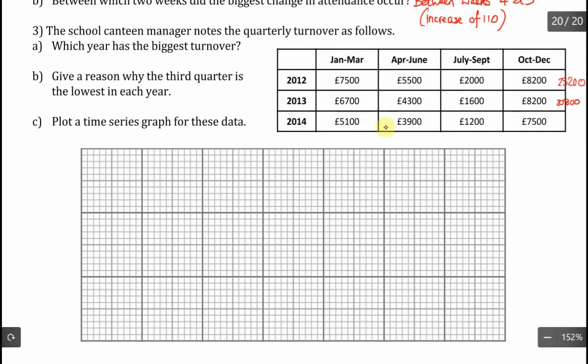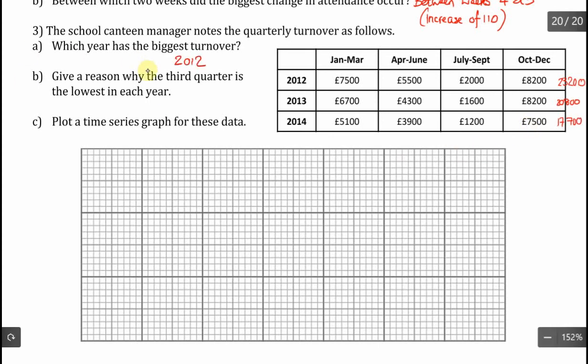And 2014, 9,000, 10,200, 17,700. I've done that right. So the year with the biggest turnover is 2012.